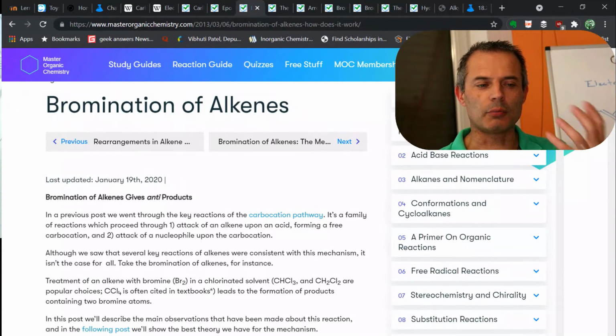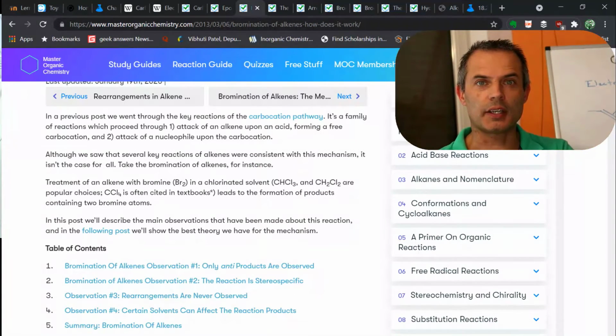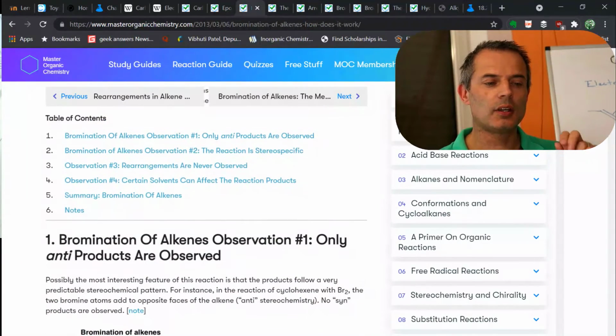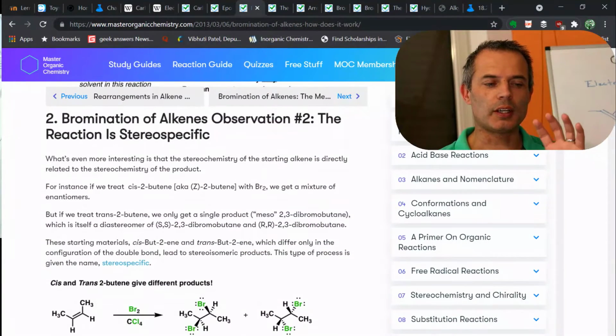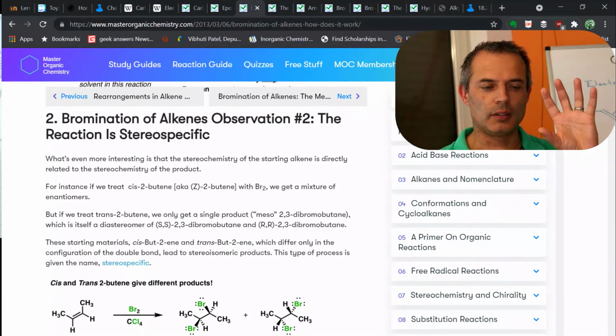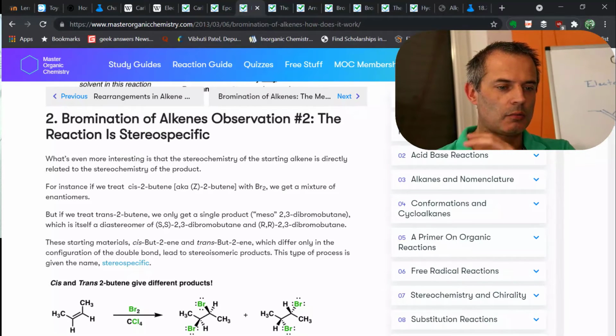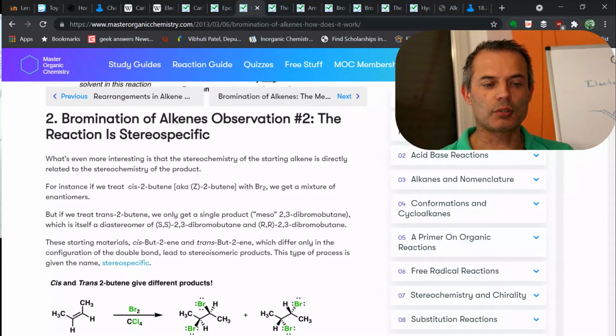So if we're going to add bromine to it, what do they say about it? We know that they attack, or they end up on opposite sides. So that's what they're saying here. And we know that if, what are they saying? Okay, if we have a cis or a trans starting reagent, we end up with different products.